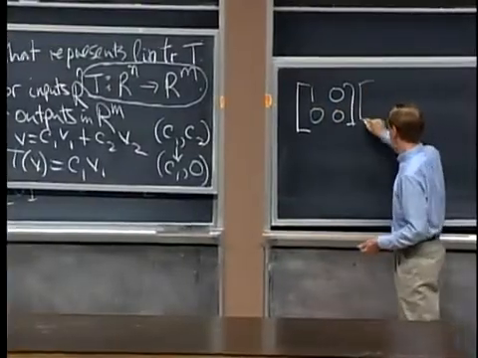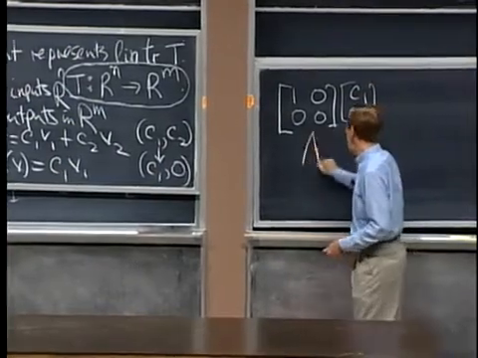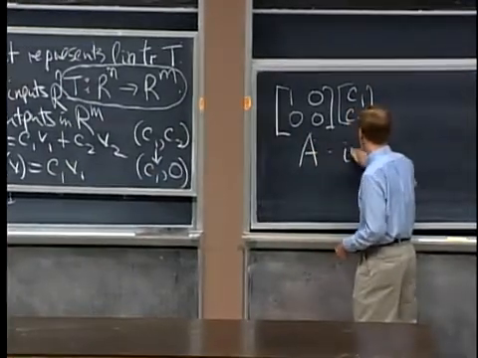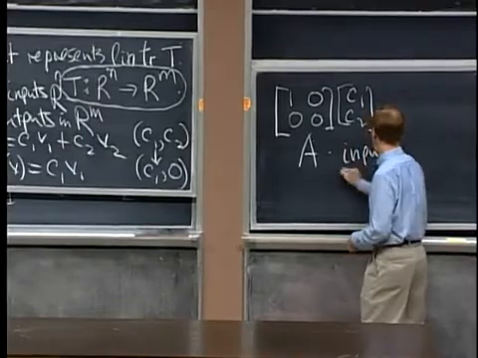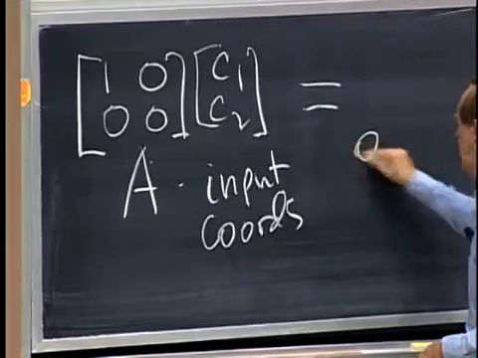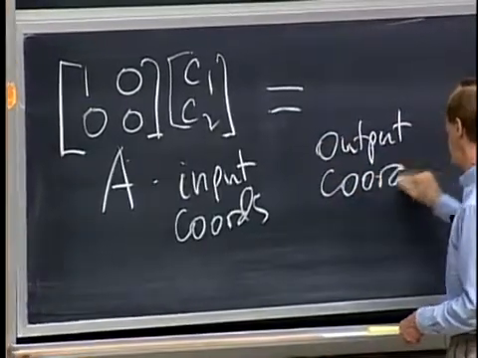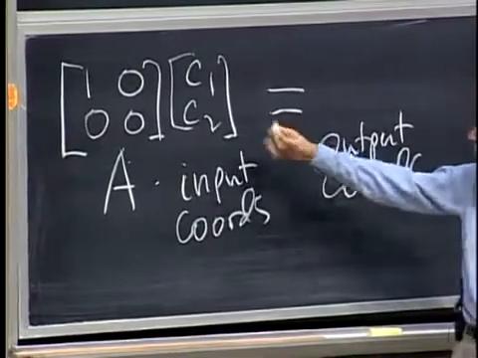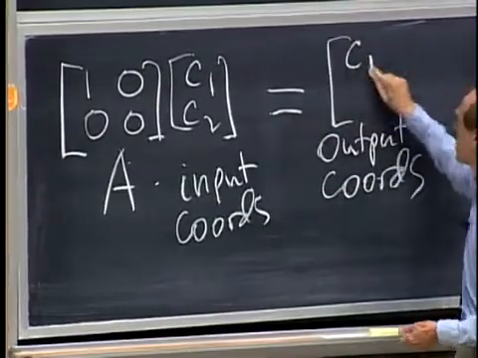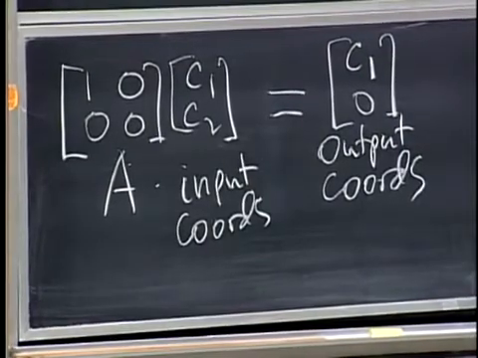Because if I multiply input by that matrix A, this is A times input coordinates, and I'm hoping to get the output coordinates. And what do I get from that multiplication? I get the right answer, C1 and 0. So what's the point?